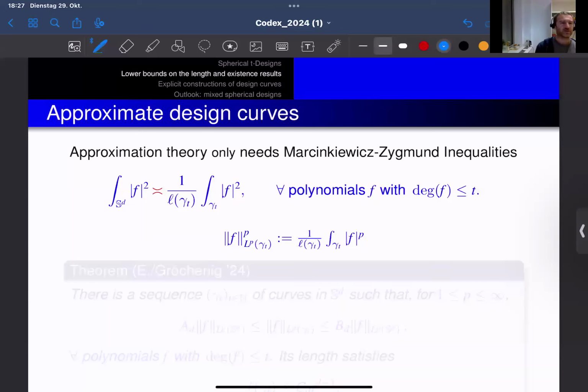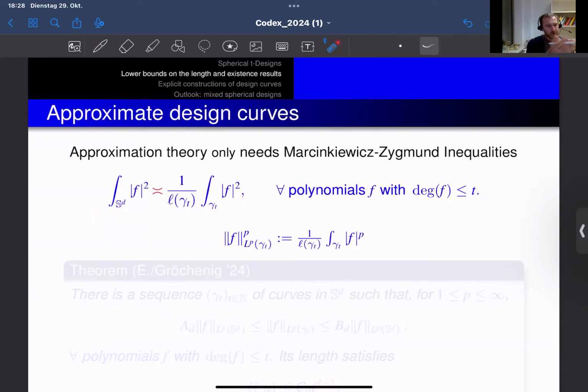Usually, approximation theorists are happy about what's called Marcinkiewicz-Zygmund inequalities, which means they're just uniform lower and upper bounds, so that this here is essentially equivalent.